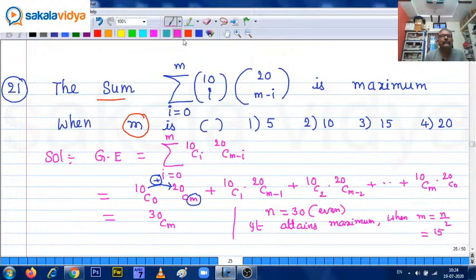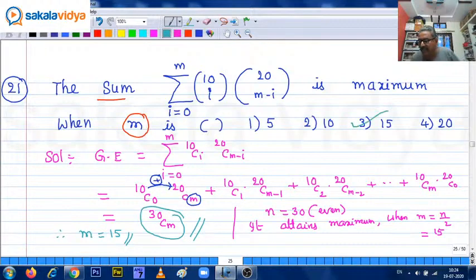Therefore the required answer is m equal to 15. When m is equal to 15, the coefficient 30Cm becomes maximum. So the third option is the right option.